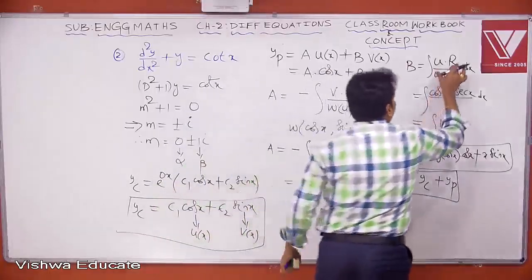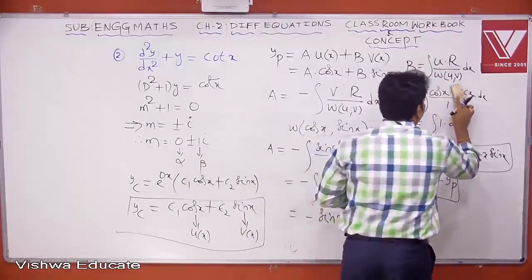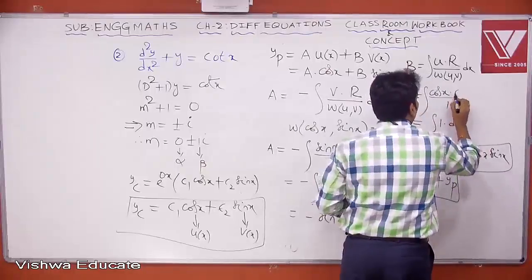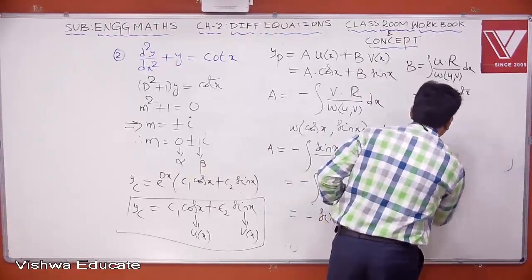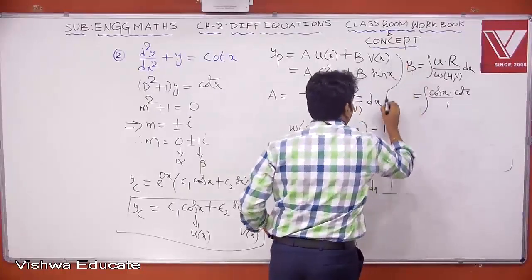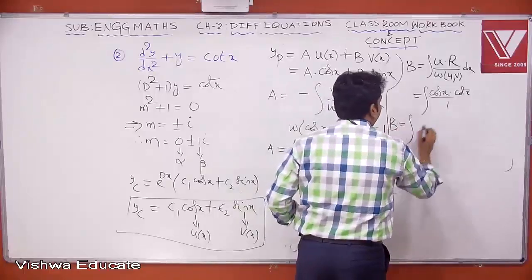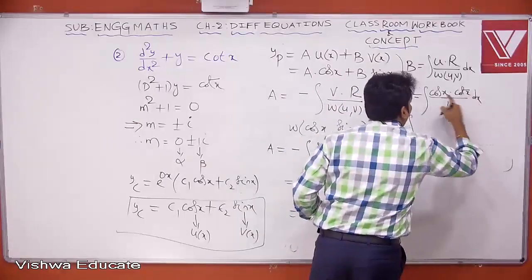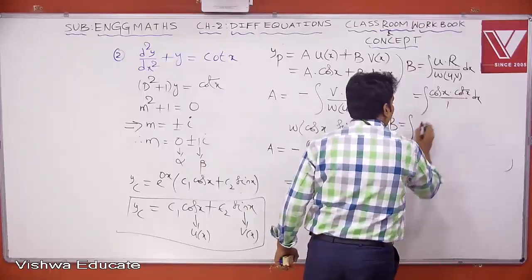Now B equal to integral u into R by Wronskian. U is cos x. But R equal to cot x. Therefore B equal to integral cot x into cos x, into cot x. This cot x I can write as cos x by sin x.